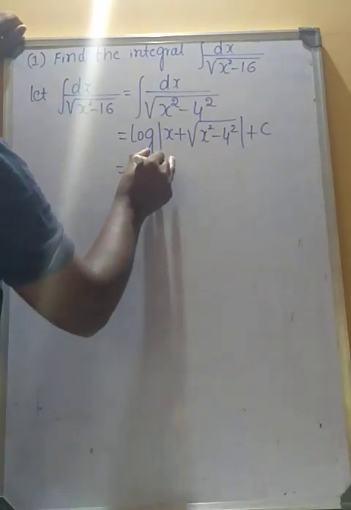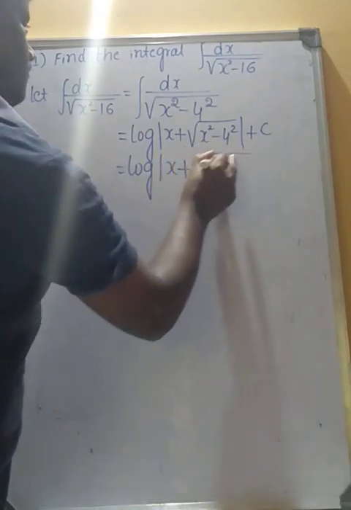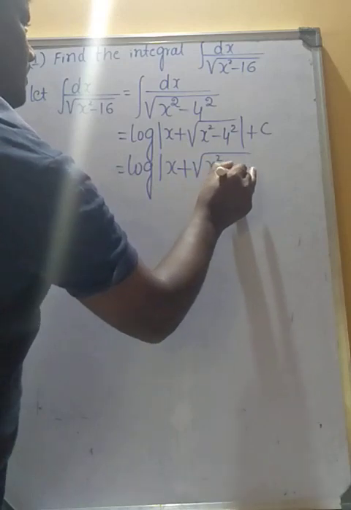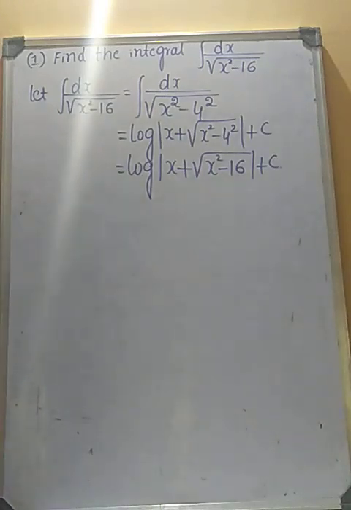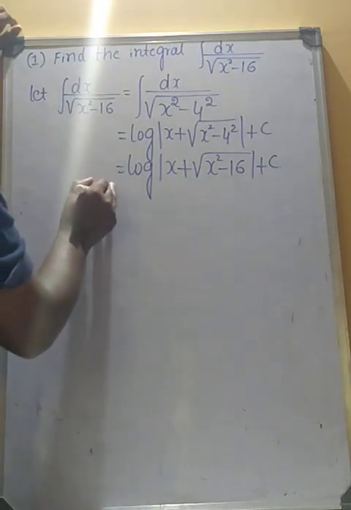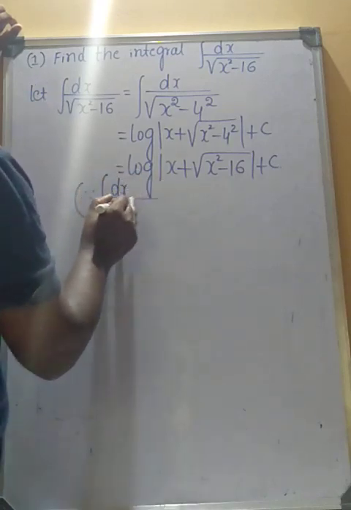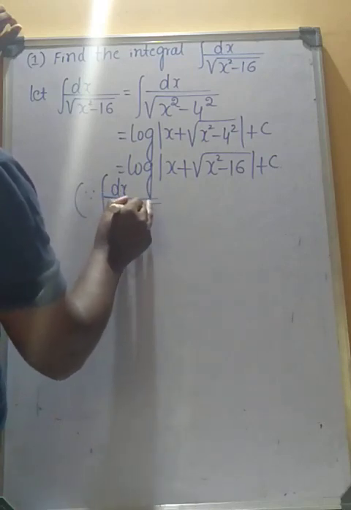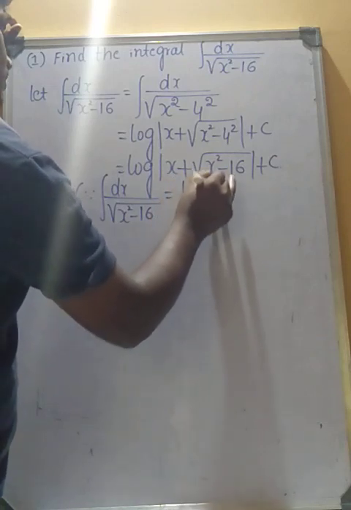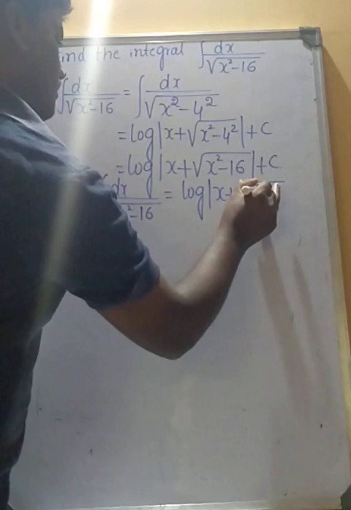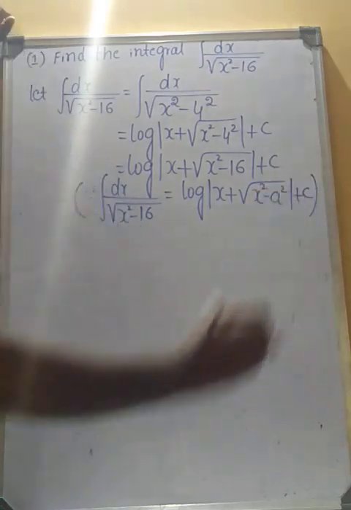So it equals log of mod x plus root of x square minus 16 plus c. Since integral of dx dividing by root of x square minus a square is log of mod x plus root of x square minus a square plus c.